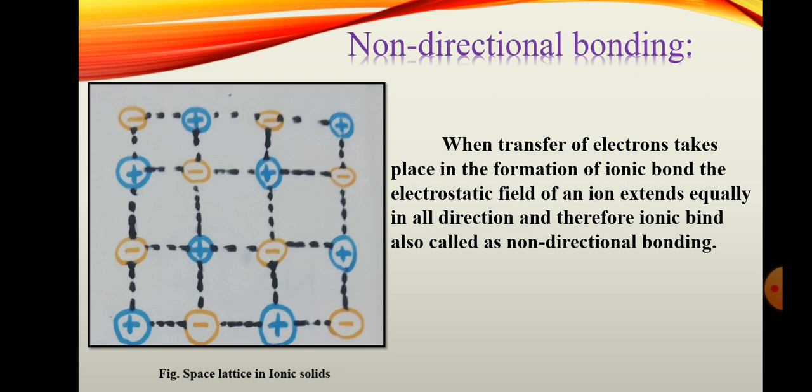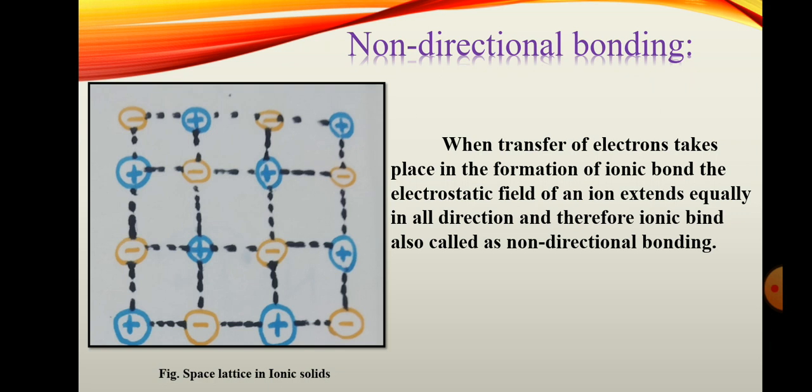What does the picture explain? When an atom becomes positively charged, the electrostatic field is exerted in all directions. If a negatively charged atom or ion is present nearby, they are attracted from all directions.